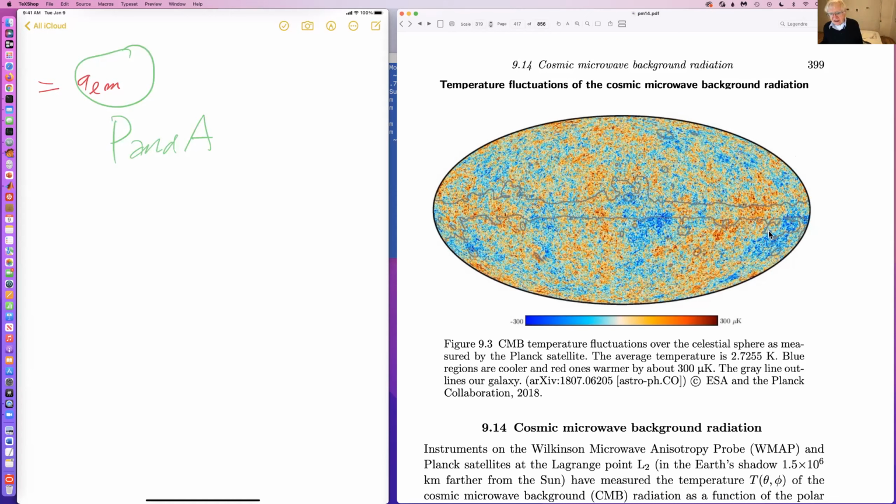The gray outline here is the outline of our galaxy, and that just puts it in perspective. So here, I'm not an astronomer, but let me guess that this is the way it goes. You're looking east, these are the points.